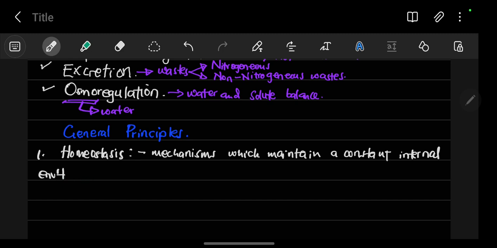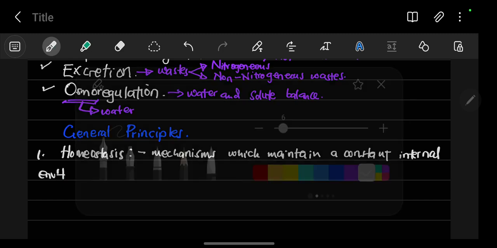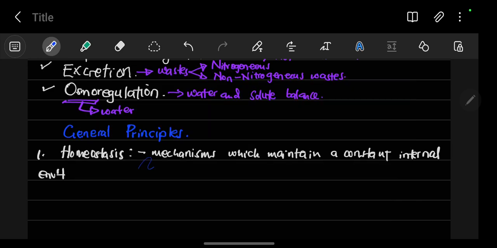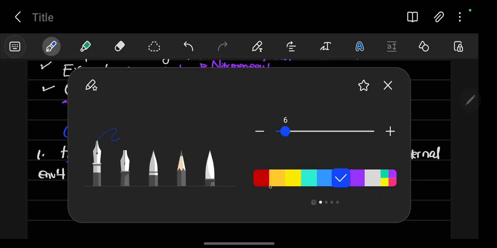So when you talk about homeostasis, we are talking about mechanisms which maintain a constant internal environment.